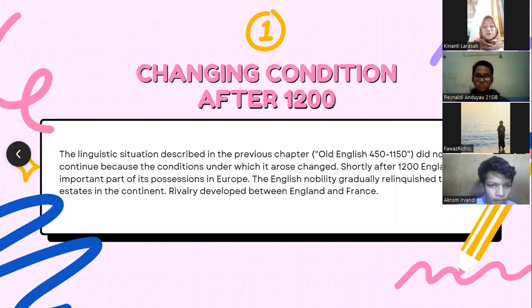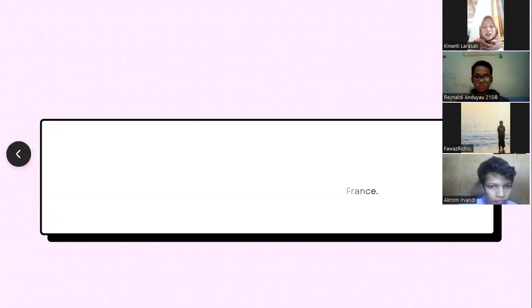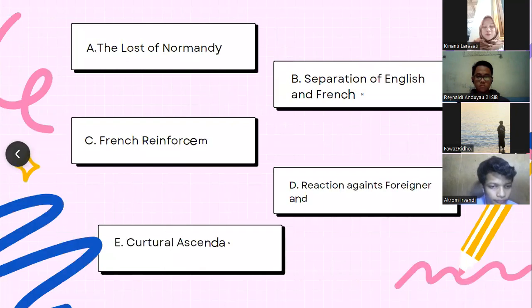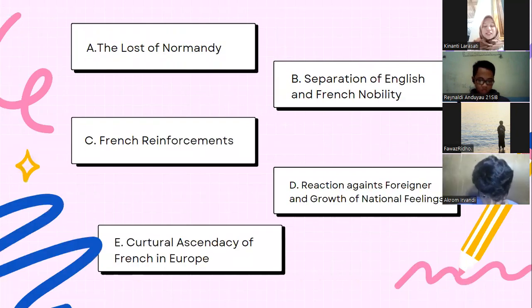The loss of Normandy was advantageous for England, as the king and his nobles looked upon England as their first concern.